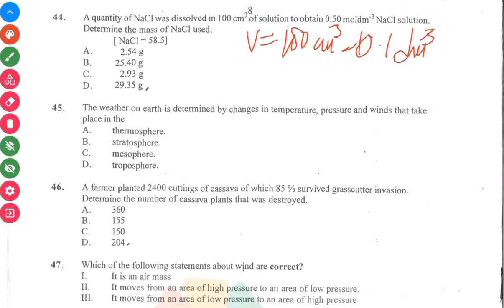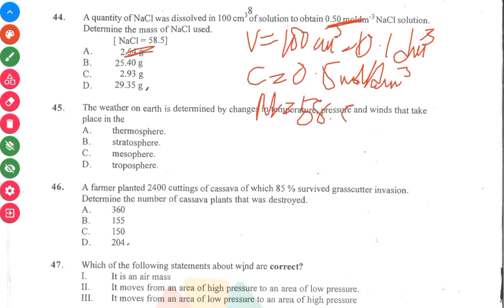So we also have a molar concentration of 0.5 mole per dm cube. Then you have your molar mass to be 58.5 gram per mole. So that's the information you have from the question.